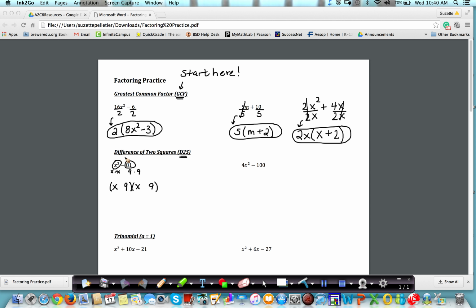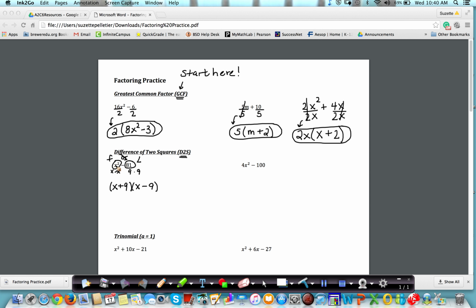What you'll notice about this FOIL is that you have first and you have last, but the O and the I term in the middle is missing, which means in order for them to be missing, they would have had to cancel each other out. So that means that outside, 9 times x needs to be negative, and 9 plus x on the inside needs to be positive, and that way the O and the I part will cancel out.